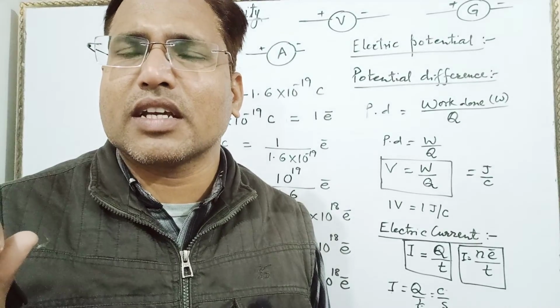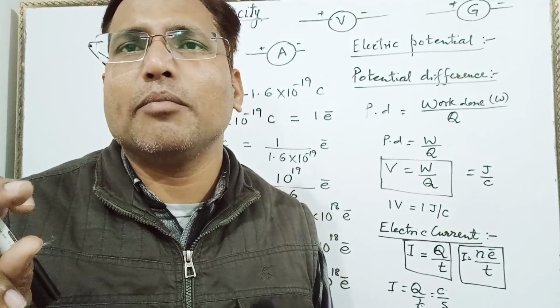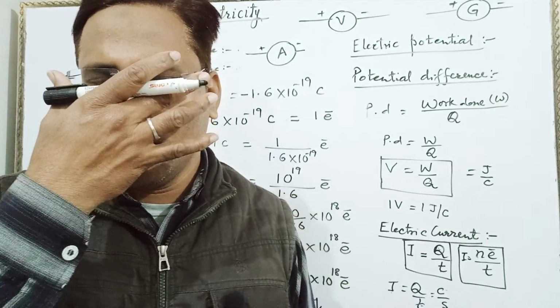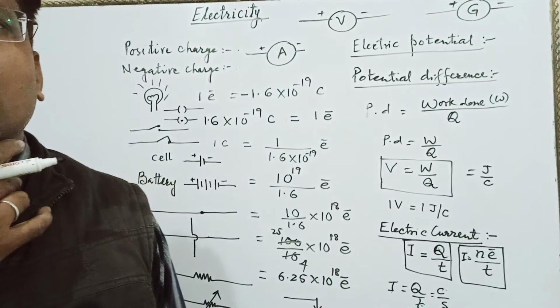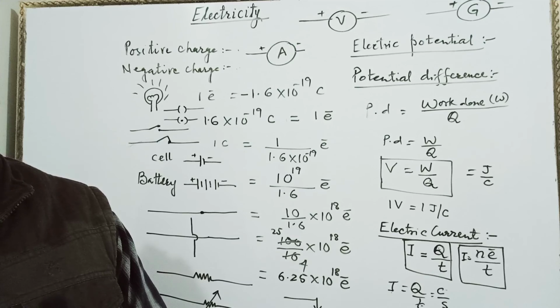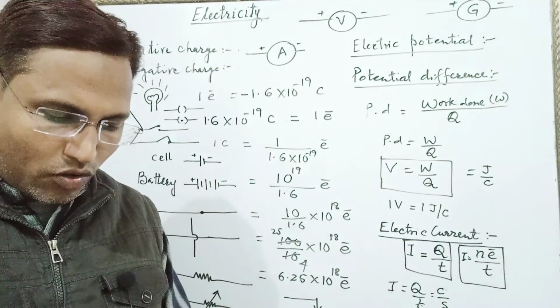Ammeter also measures current, galvanometer also measures current. But the ammeter tells us how much, what is the amount, that measurement is given to us. But the galvanometer just detects the presence of electric current. It tells us whether the electric current is passing through that point or not.